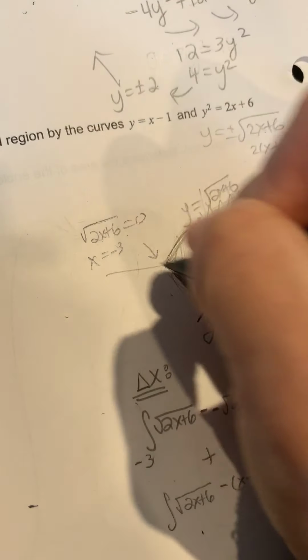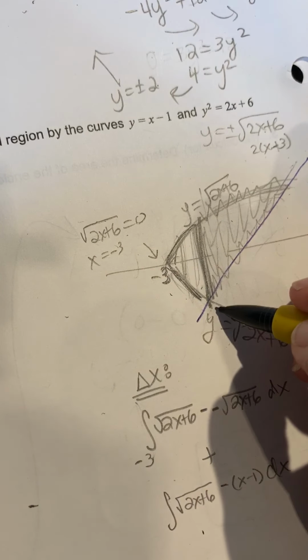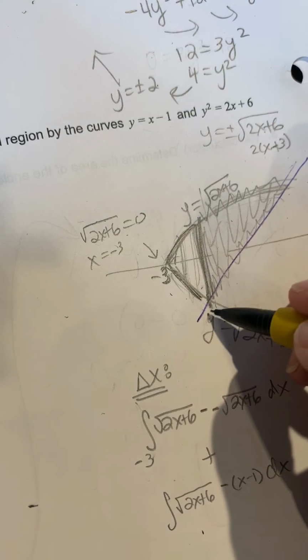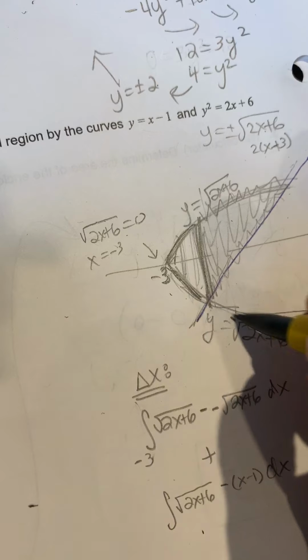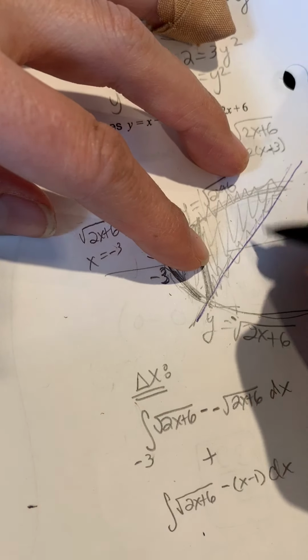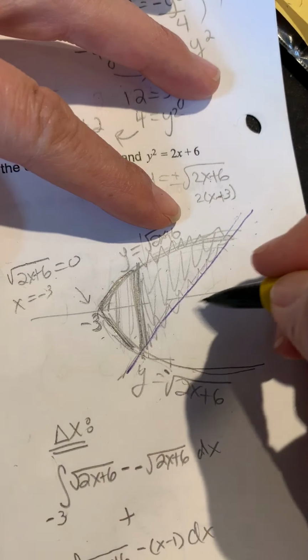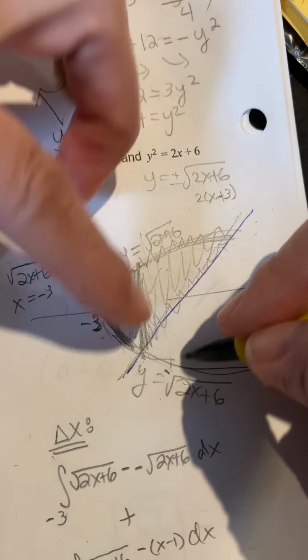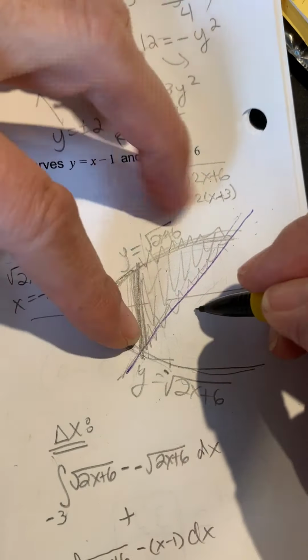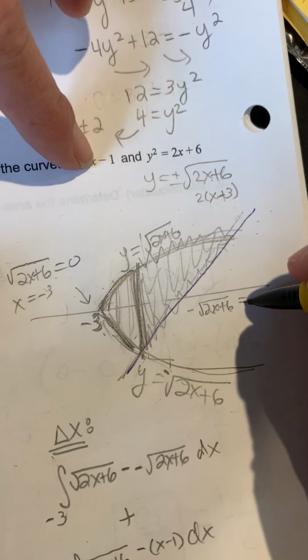All the way to, let me just label it here. All the way to, oh, so when do these two intersect? When does this line intersect with this bottom graph right here? So I'll find that intersection right here, because I feel like I have a little space there. So I'm going to say where negative square root 2x plus 6 is equal to my line, which is x minus 1.